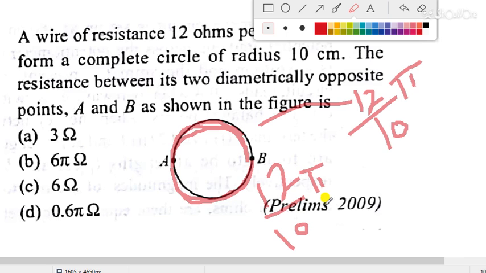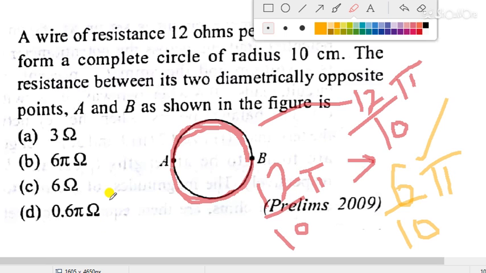That means this combination will give me the new resistance of 6 by 10 pi. So the answer is 0.6 pi ohm.